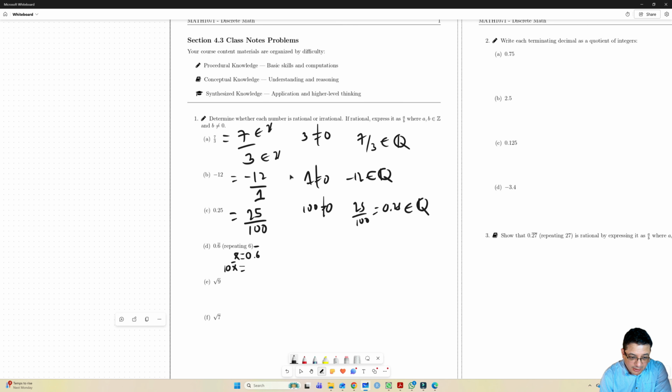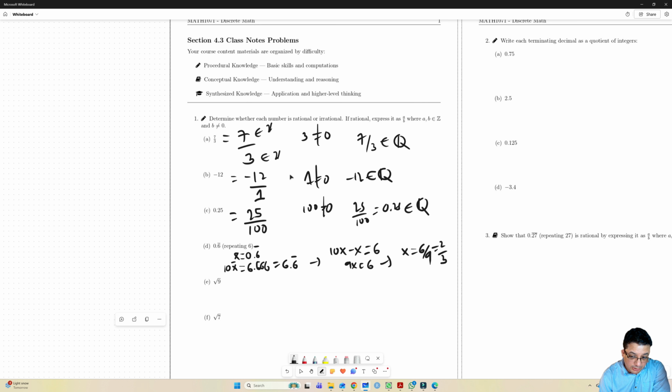So 10x is just going to be 6.66 repeating. And so if I do a subtraction between 10x and x, I'm just going to have 6. And so pretty much I got 9x is 6, and I can see x being 6 over 9. So this is going to simplify to 2/3.